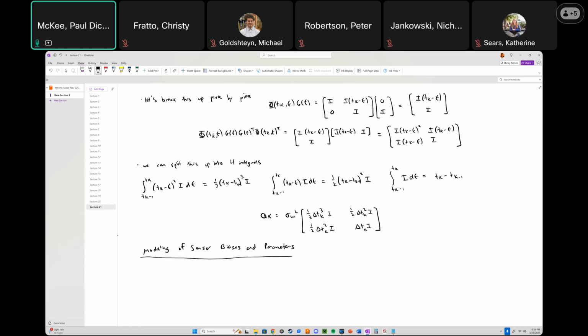Okay. So biases are fixed values. This is just how much the sensor is wrong every single time. They're fixed values, so you may be tempted to model them as constants.